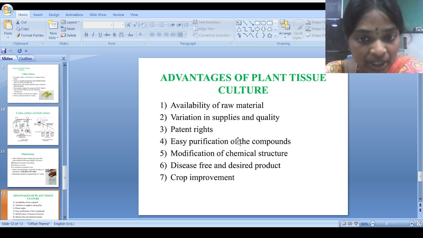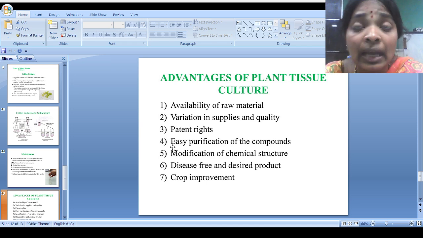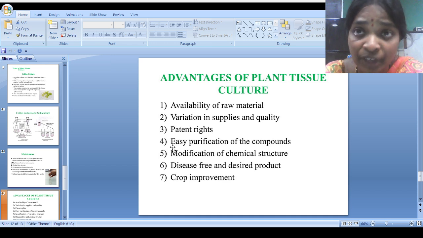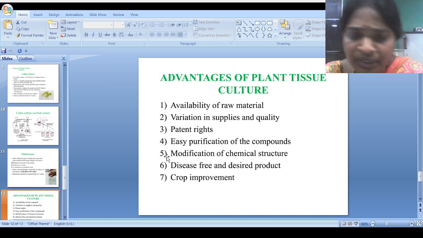Easy purification. So you can easily purify the components without any time-consuming, tedious process, right? Next, modifying the chemical structures, knowing about the importance of chemical components, like barbiturates, alkaloids, phenols, everything.